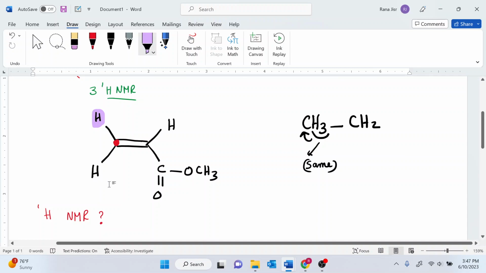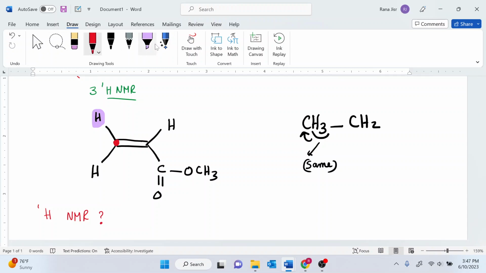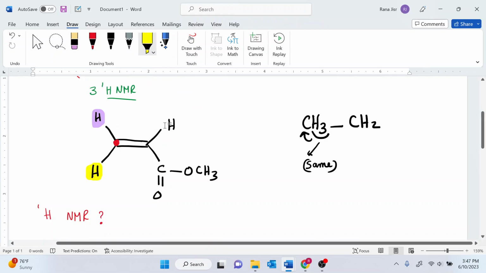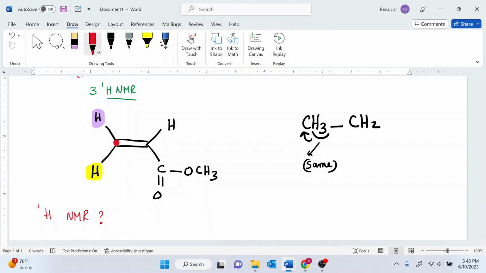On the other hand, the other hydrogen, which is this one, is trans to this hydrogen, and it's cis to this group. So this is why these 2 hydrogens here are different, because they belong to different environments.